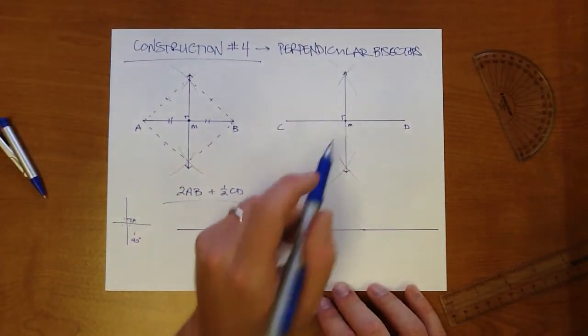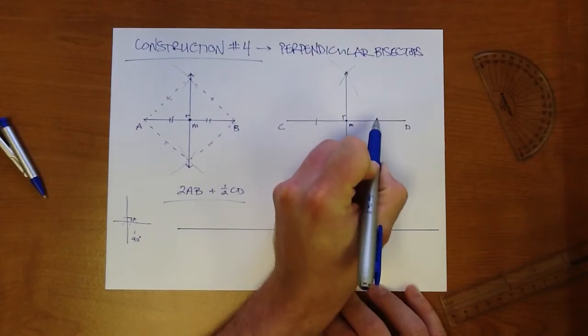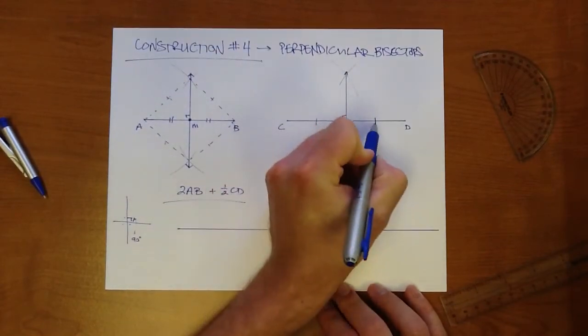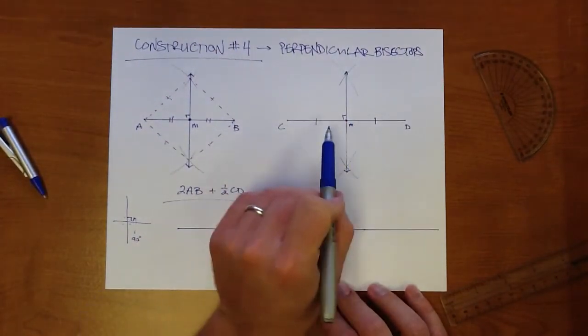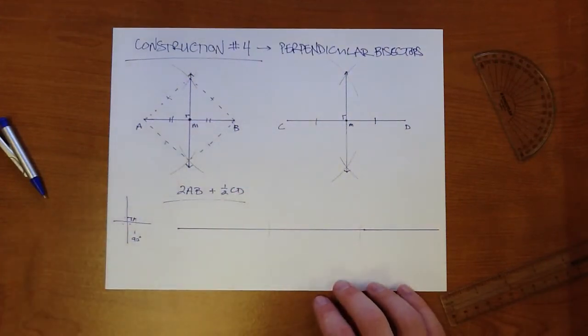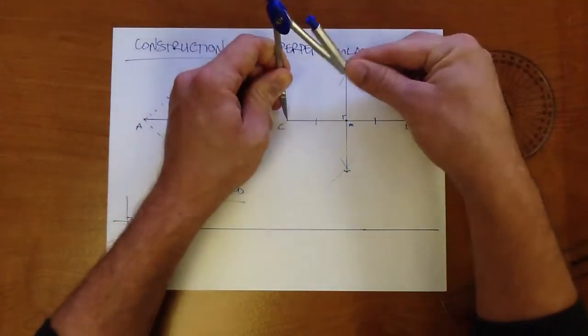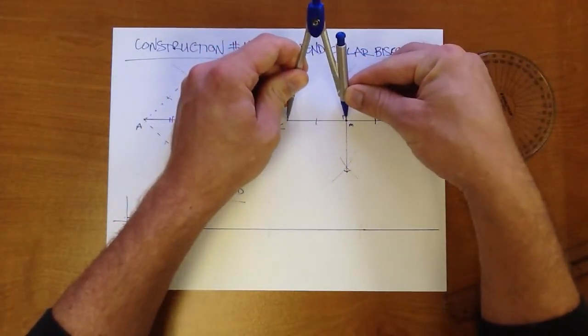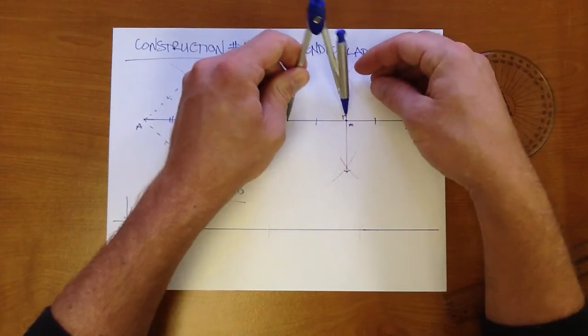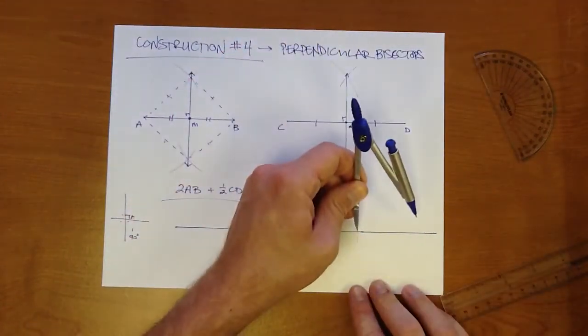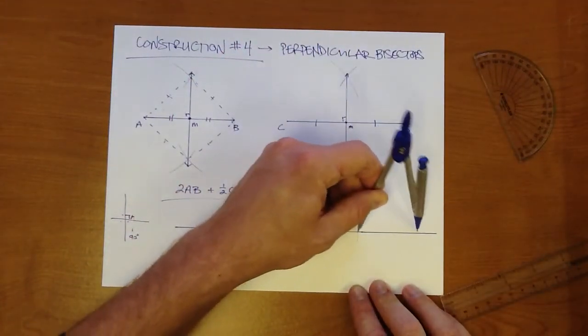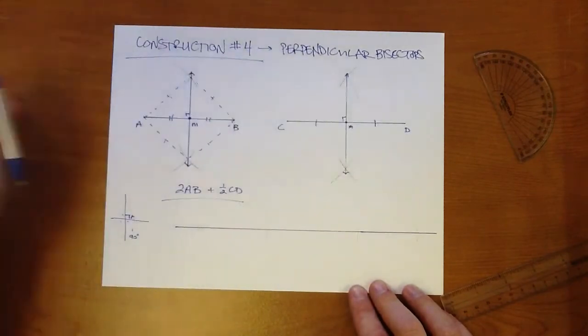So we know that this distance, CM, is the same as MD. So if these two distances are the same, this is the midpoint, and this is half of CD. So take your compass, same thing as before, figure out the length between C and M, the midpoint of CD, and then move that down here, and add it to this segment down here.